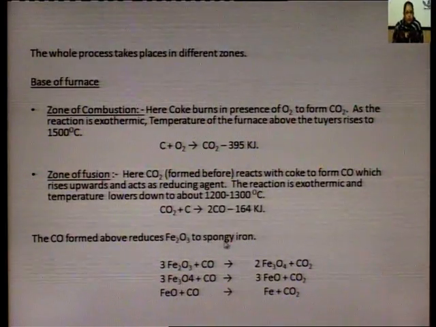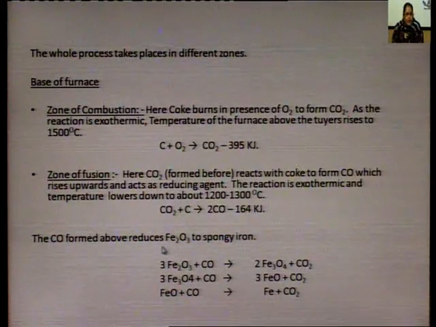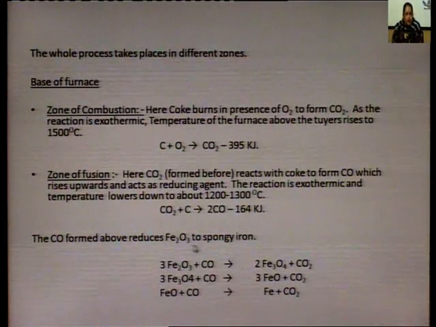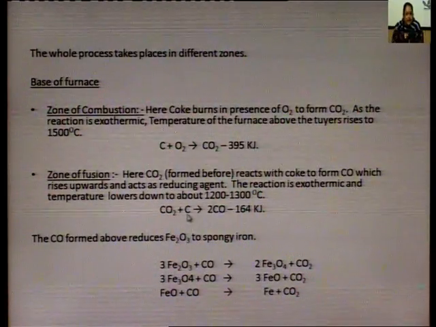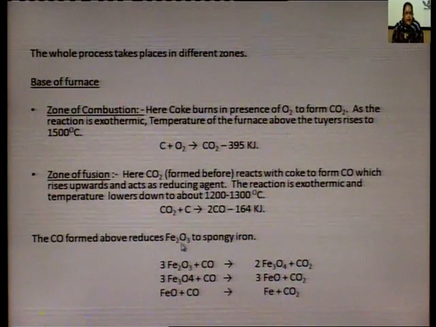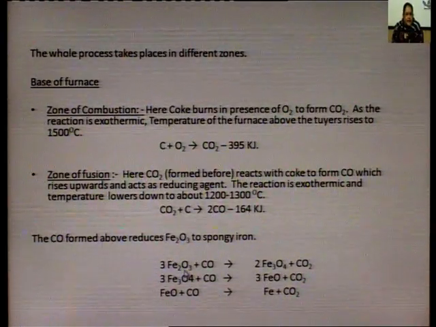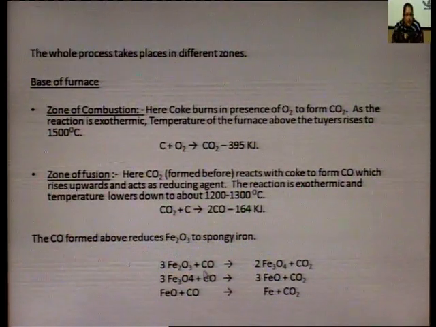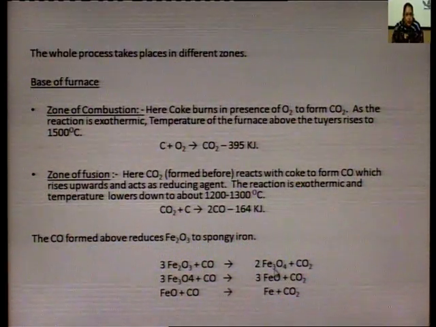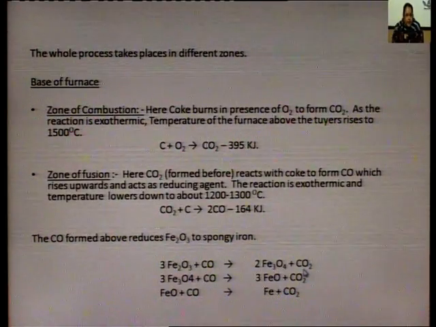And the carbon monoxide formed here reduces the iron oxide to spongy iron. This iron oxide which we have fed at the top is the roasted ore. So, Fe2O3, the roasted ore, reacts with carbon monoxide and gets converted to Fe3O4, and we get carbon dioxide.